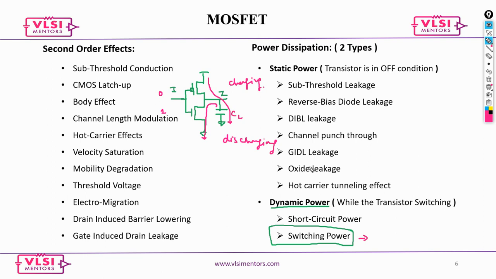Now the next thing is something we call short circuit power. What is the meaning of short circuit power? Say for example the input is at zero, and now it is going to one.